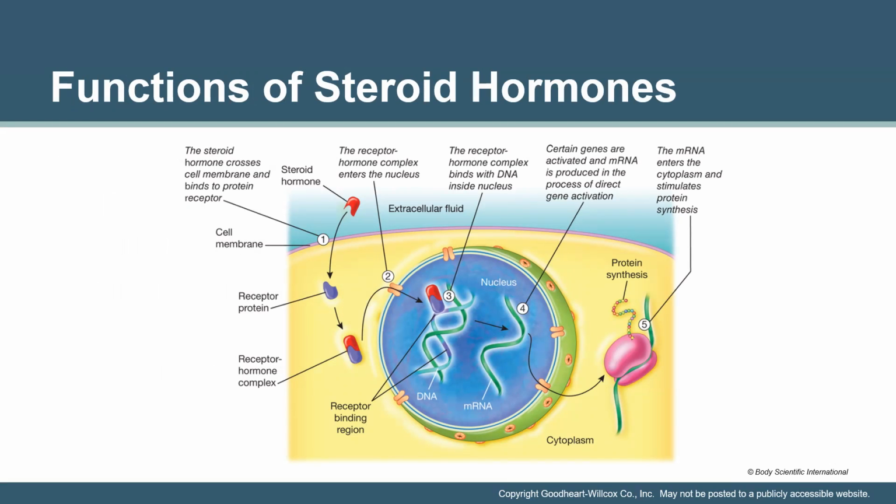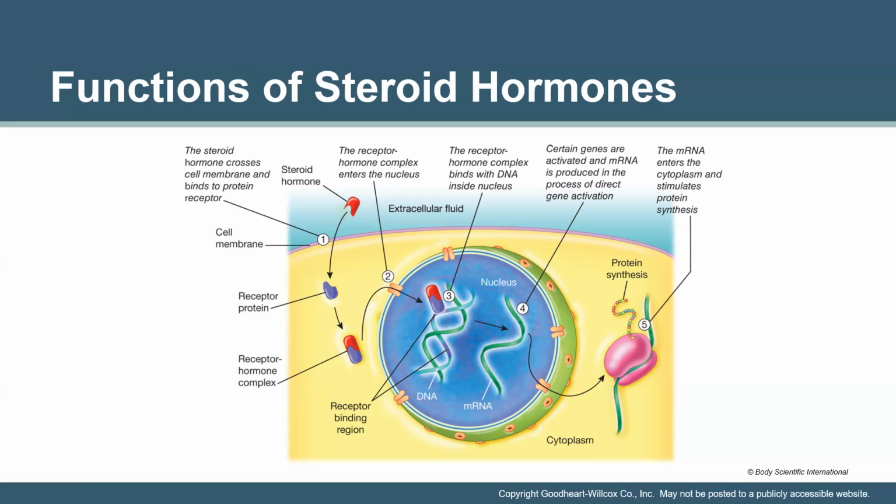Our steroid hormones will have a different function based on where they bind on a receptor. Steroid hormones can diffuse through a membrane due to the fact that they are lipid soluble. The steroid hormones are secreted, again, by the reproductive glands and the adrenal cortex, and transported by protein carriers wherever they need to go.